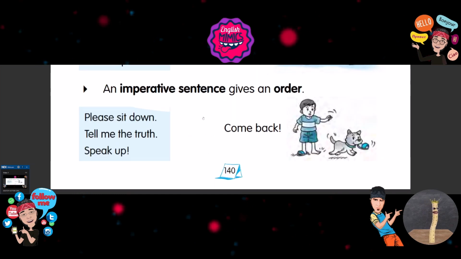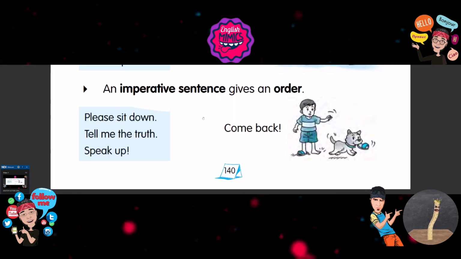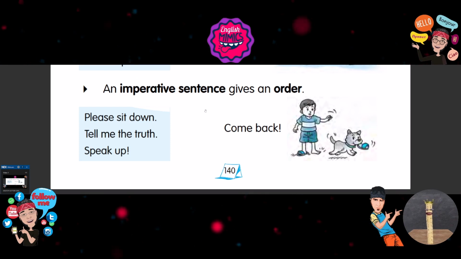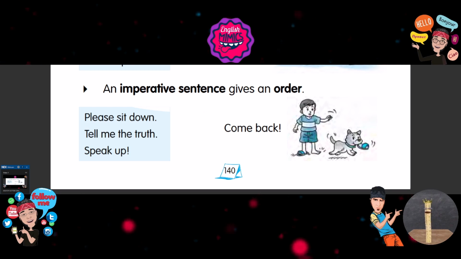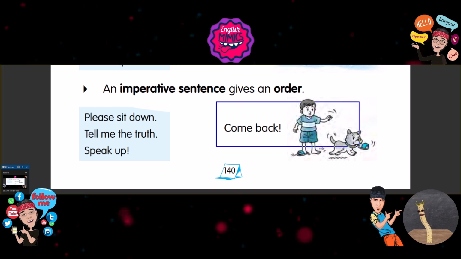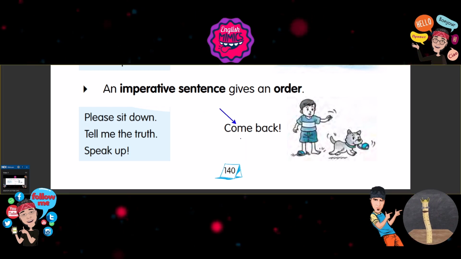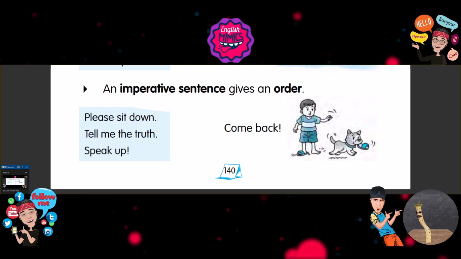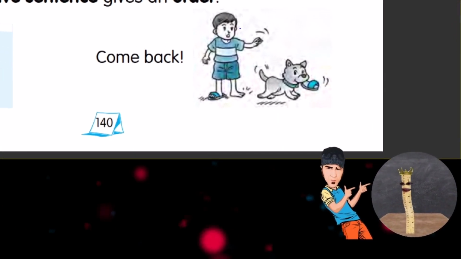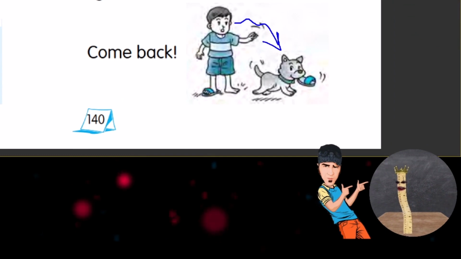So the last type of sentence I'd like to tell you about is this one. This one is called an imperative sentence. Imperative sentences give orders or make polite requests. So anyways, here we have an example, come back! So this little kid is giving orders to this little dog, all right?